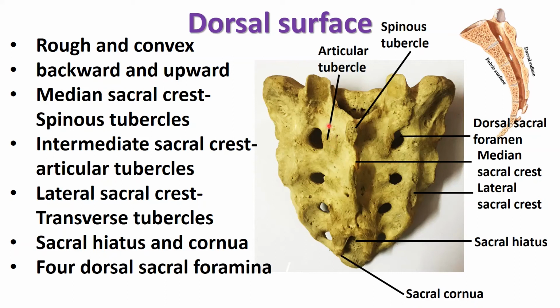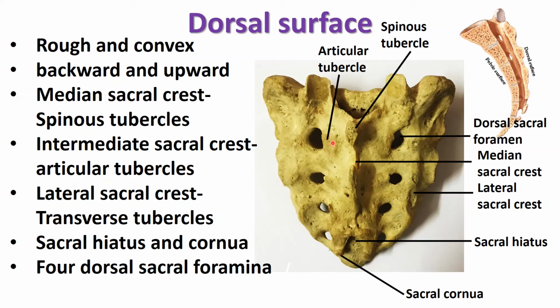Lateral to the laminae is the line of the superior articular process. This is the superior articular process of the 1st sacral vertebra. In the row of this articular process, there is a row of articular tubercles.